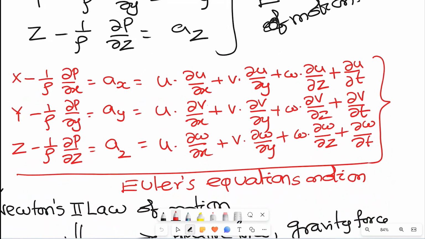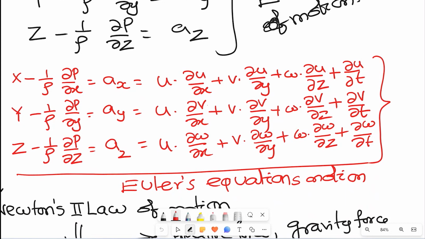You all know what ax is. In fluid kinematics we have done it. Ax is equal to u dou u by dou x plus v dou u by dou y plus w dou u by dou z plus dou u by dou t. Similarly az. So finally we have written ax, ay, az, replacing them with the original terminologies, that is the velocities and change of velocities with respect to space and time in xyz directions.